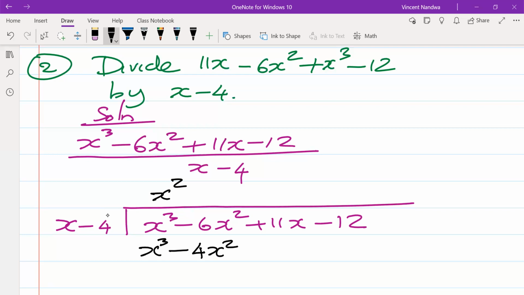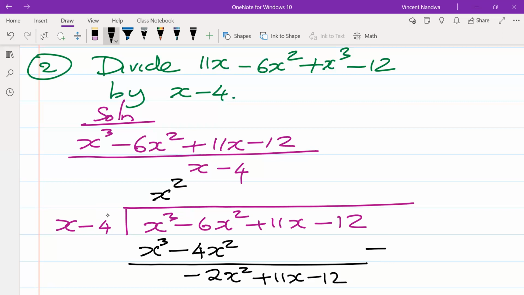And then you subtract. Remember subtraction is done term-wise. So x cubed minus x cubed is 0. Minus 6x squared minus minus 4x squared gives minus 2x squared. Then you bring down the 11x, then minus 12.